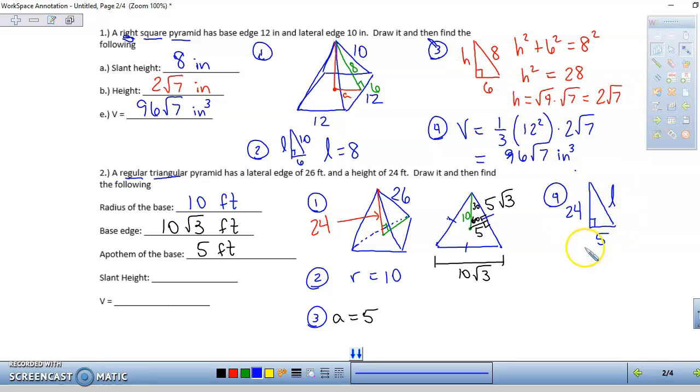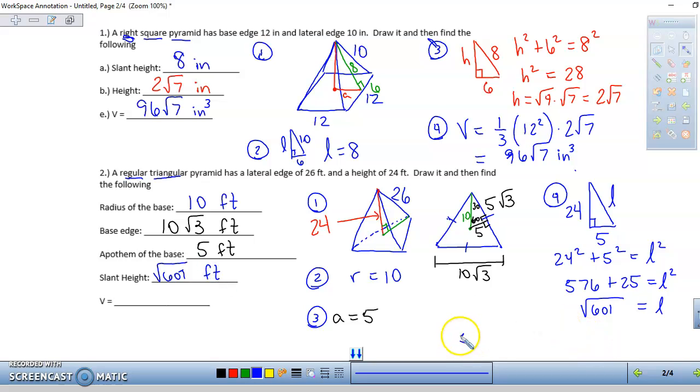So take a minute, do Pythagorean theorem to figure that out. Okay, so you should get root 601. Does that seem right? Yeah. So you get 24 squared plus 5 squared equals L squared. And so that is 576 plus 25 equals L squared. I do not believe anything goes into 601. That's helpful. So the slant height here is root 601, which is a terrible number.